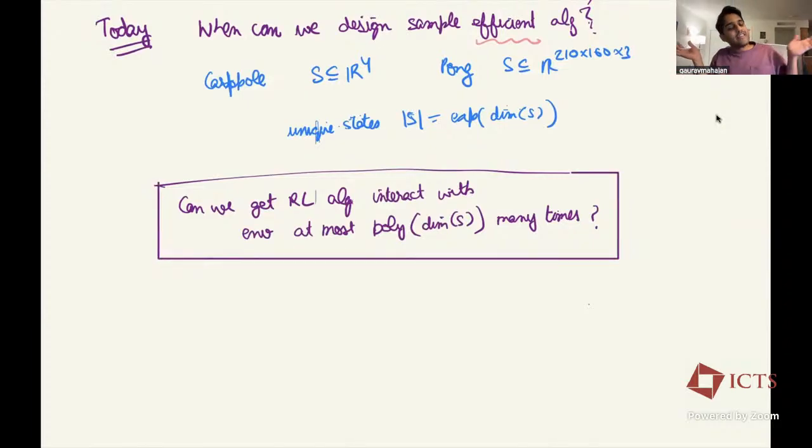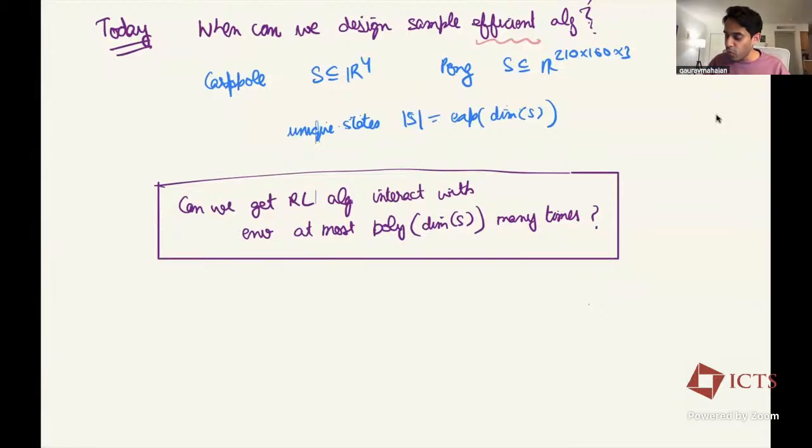This is what we'd call efficient sample complexity. You just don't want to take too many samples, and polynomial in the dimension is something we feel is reasonable.